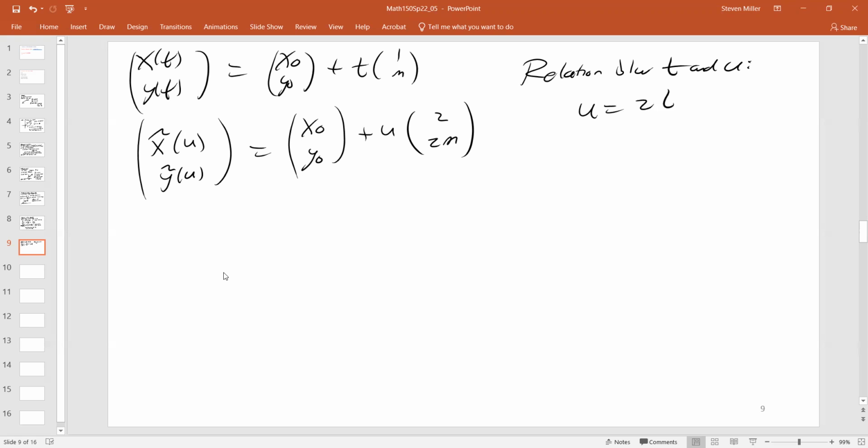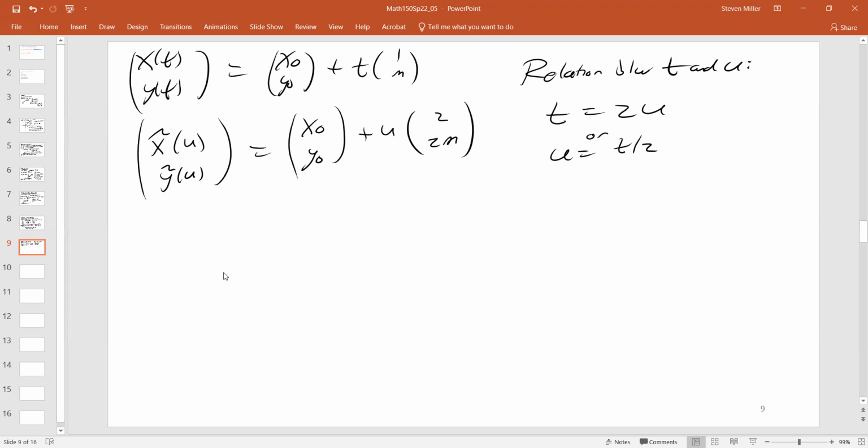So u equals 2t, or t equals 2u. Sorry, u over 2. So if t equals 4, did we get this right? No, I think it's the other way. I think you want t to be equal to 2u. You'd pull up the 2, right? So we want t to equal 2u, or u equals t over 2.